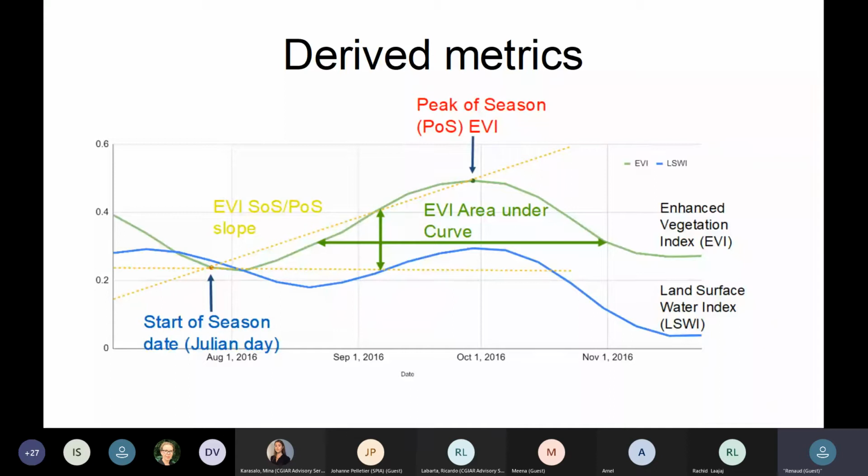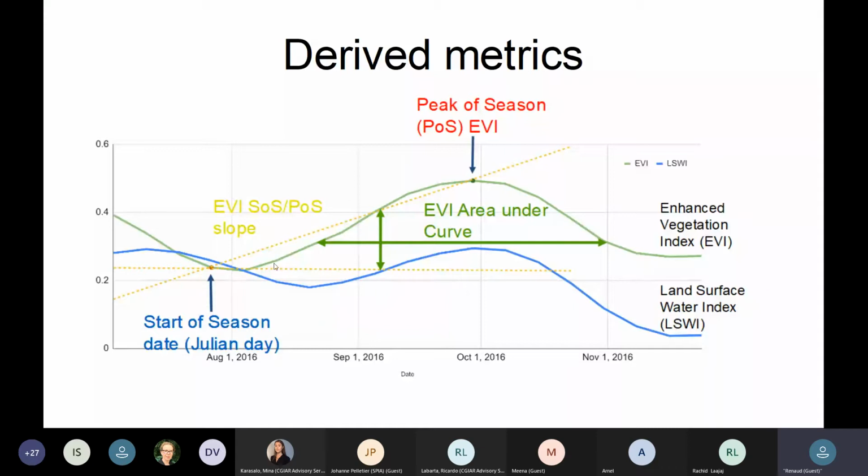We systematically extracted the start of season dates, and the peak of season EVI, the estimated maximum EVI indicating the vegetation growth. We also extracted the EVI slope between the start of season and the peak of season EVI, giving an indication of the growth rate, with the assumption, obviously, that areas impacted by flood would have a much lower growth rate than those not impacted by flood.